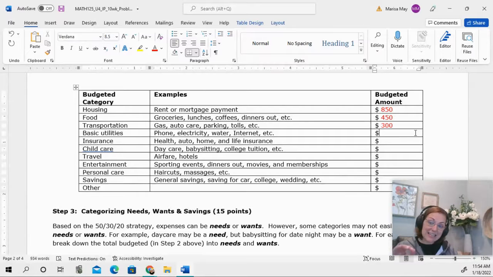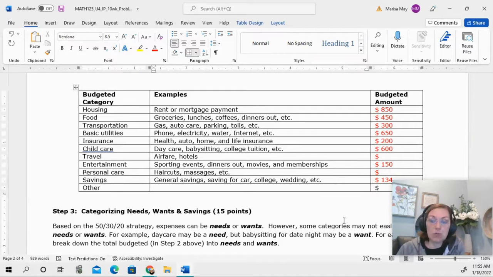But the key is that all of these budgeted amounts should add up to my monthly take home pay. You can see that I've updated my budgeted amount for all of my take home pay. Now, these obviously are not going to be the same every single month. There may be months where I have to spend a little bit more on gas than in other months, particularly the summer months.